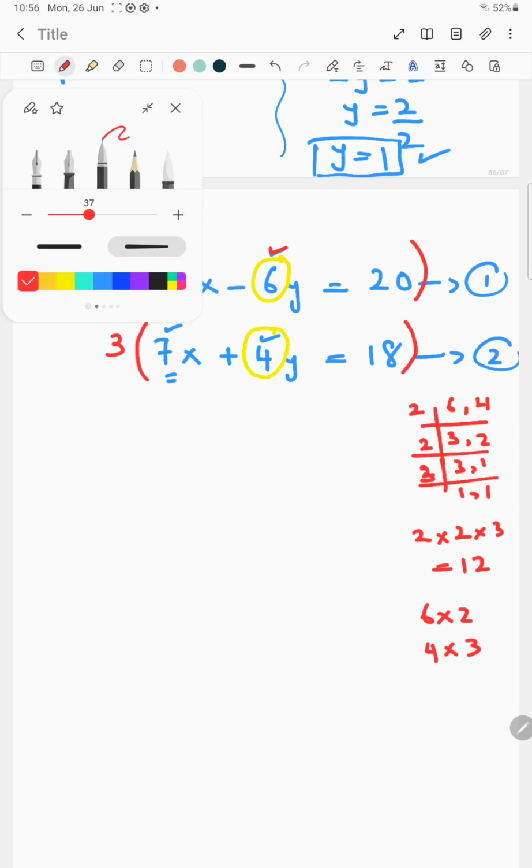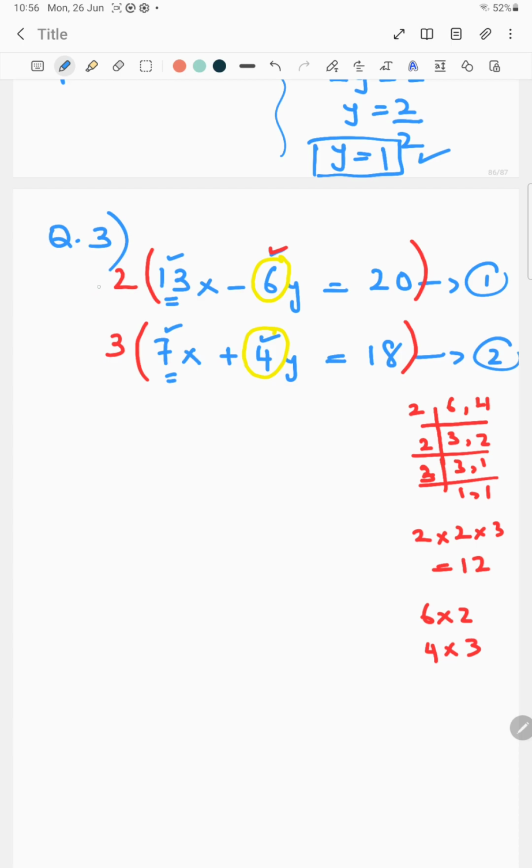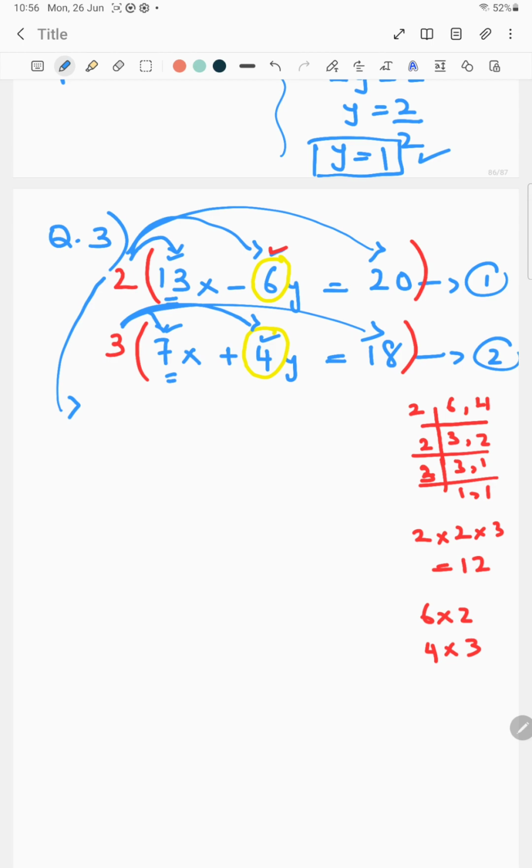Now the first equation will become, I am writing the first equation, so 2 will be multiplied with 13, 2 with 6, 2 with 20. Now 3 will be multiplied with 7, 3 with 4, 3 with 18. So 13 times 2 is 26x minus 6 times 2 is 12y is equal to 2 times 20 is 40.